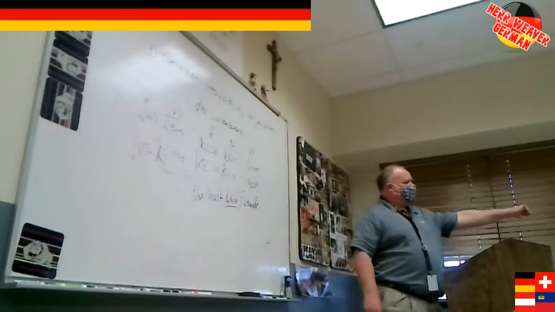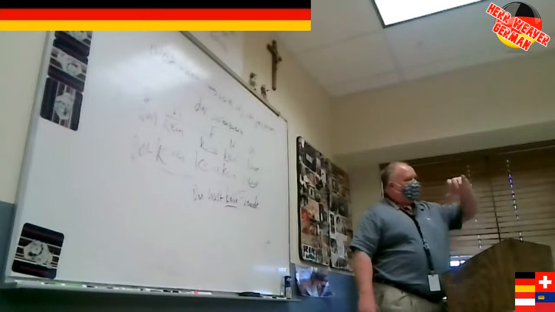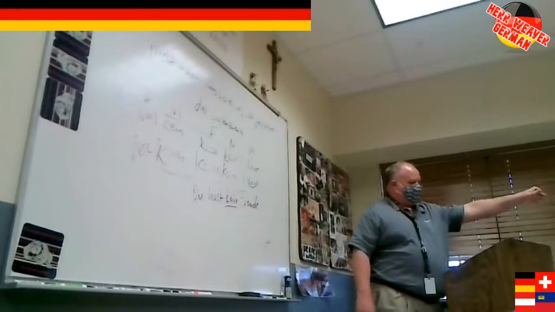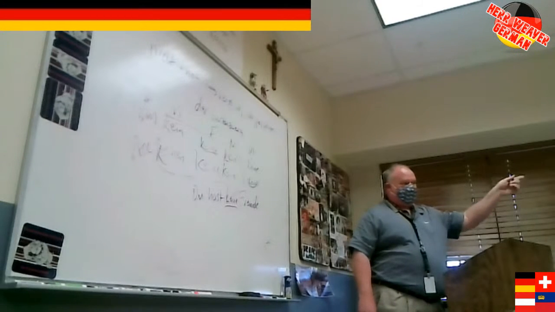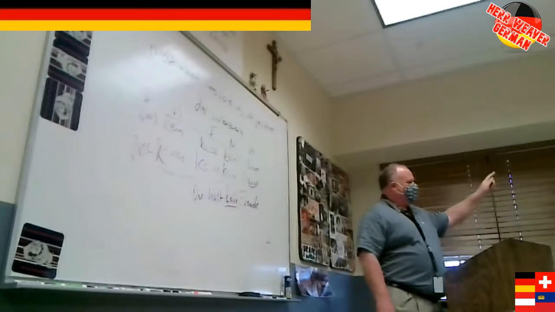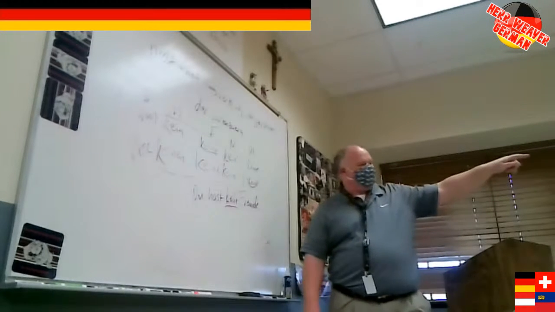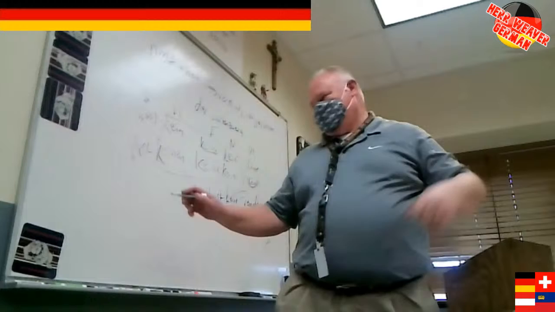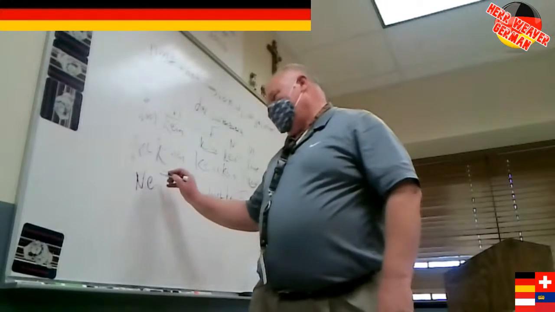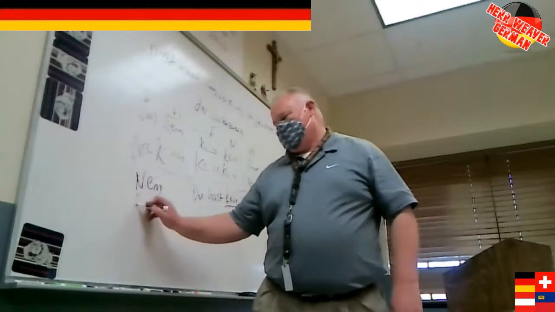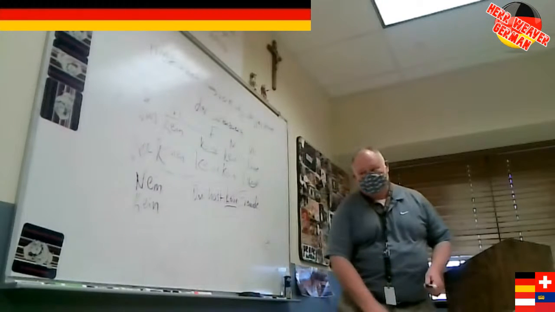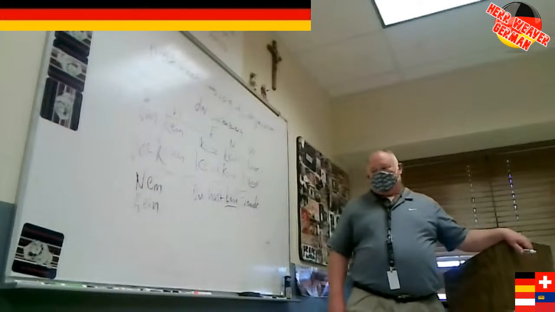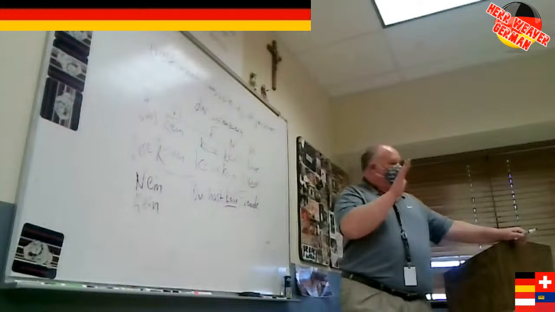So kein means no, but not no like the answer to a yes/no question. What word is that? Look how similar they are. How do you say no? That's not true. How do I say no? Come on. Yes, no. Nein. Wow. Let's look at this. Let's analyze these two words. Pretty similar. That's not a coincidence. Nein is the answer to a question.